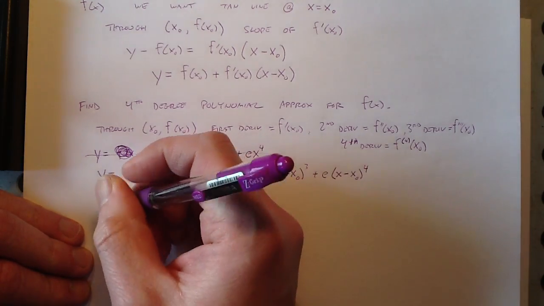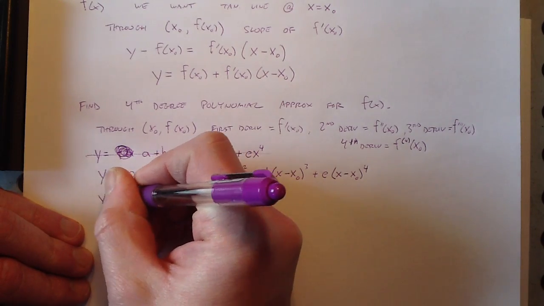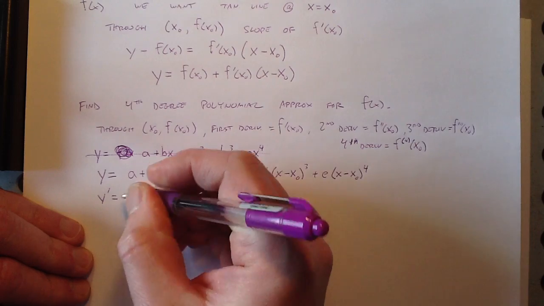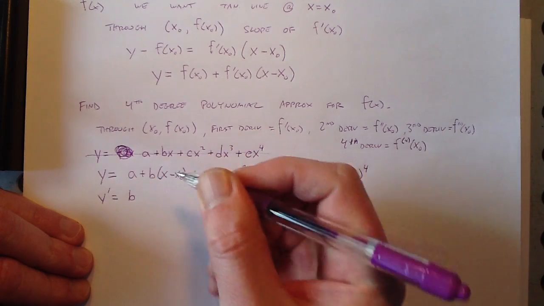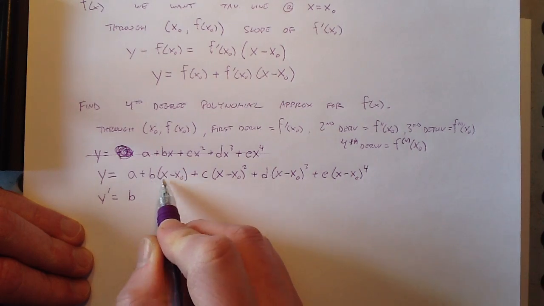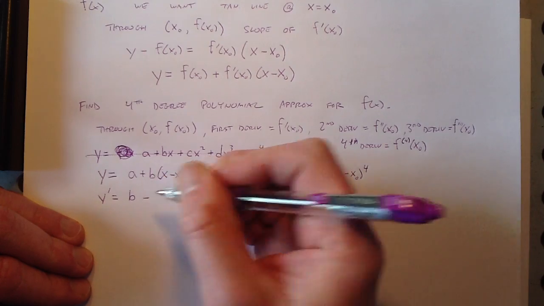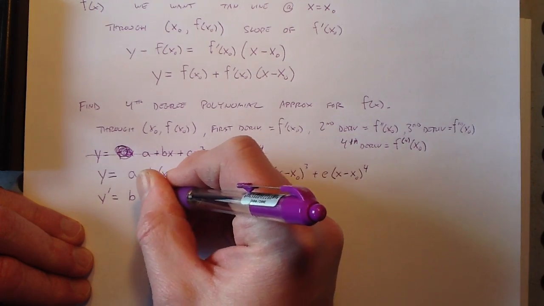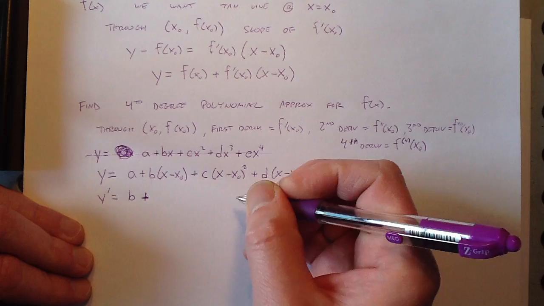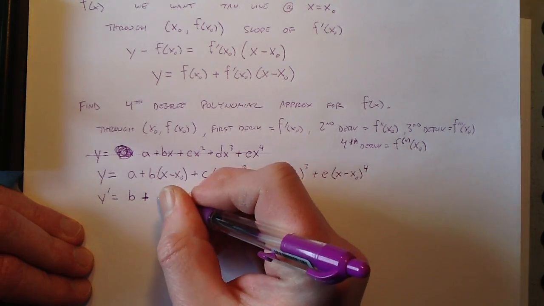Okay? Now let's find the derivatives of this. The first derivative of this function would be b. If you multiply this out, this is just going to be b times x, and the rest is just going to be a constant, right? Plus, or you could think about the chain rule there, how that would work. Basically, just the derivative of what's inside is 1, so nothing happens.